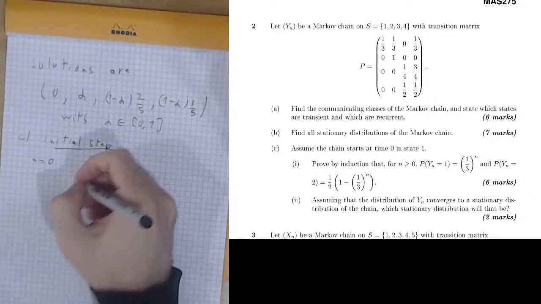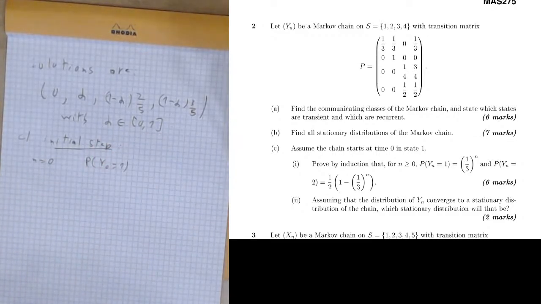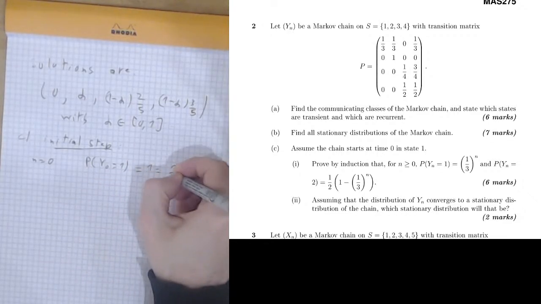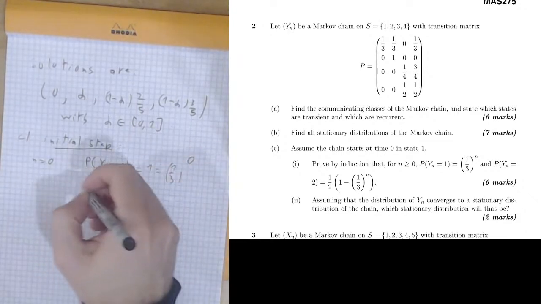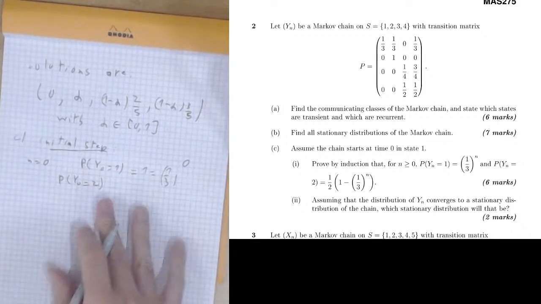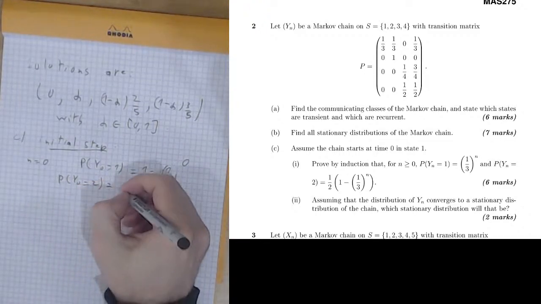So p of yn equals 1. Well, p of y0 equals 1. So as it's given on the sheet, we're starting at state 1. So that's 1, and that's 1/3 to the power 0, so we're fine. P of y0 equals 2. That's 0.